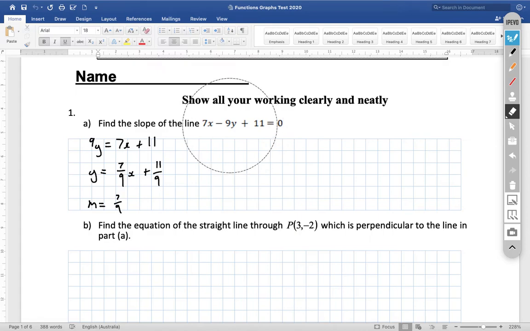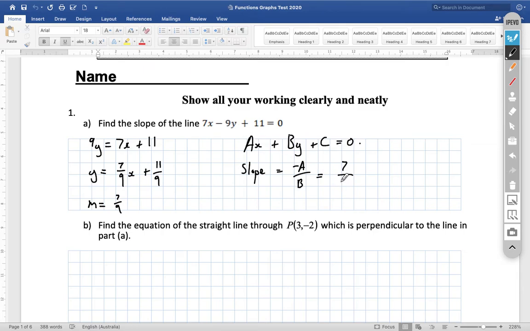Now, the book also says if you're in general form of a straight line, the slope has to equal minus a on b. For us, there's my a, 7.